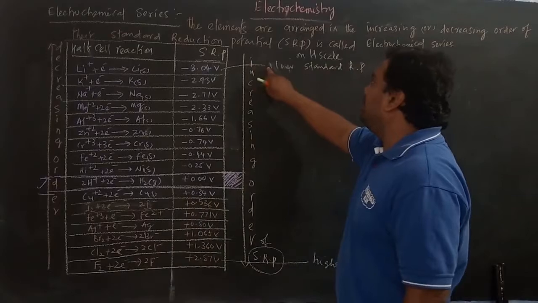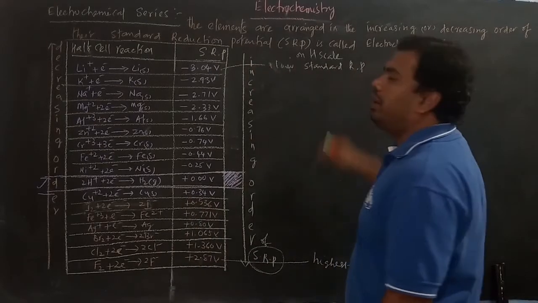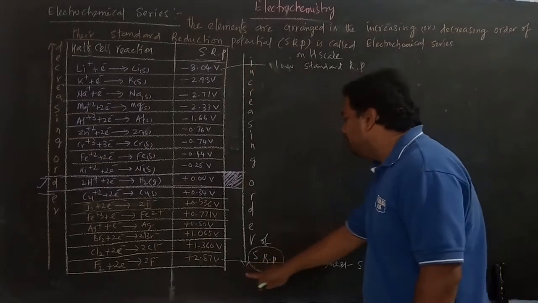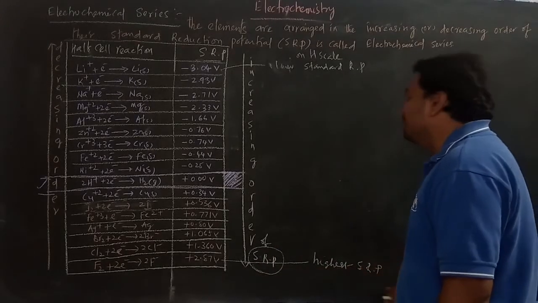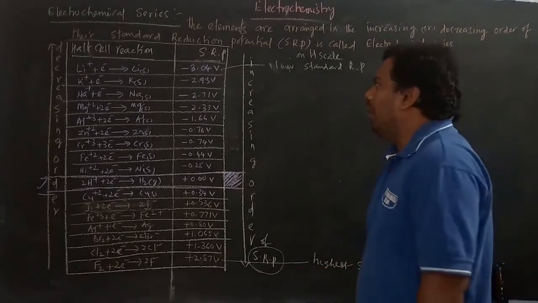So lithium has the lowest standard reduction potential and fluorine has the highest standard reduction potential.